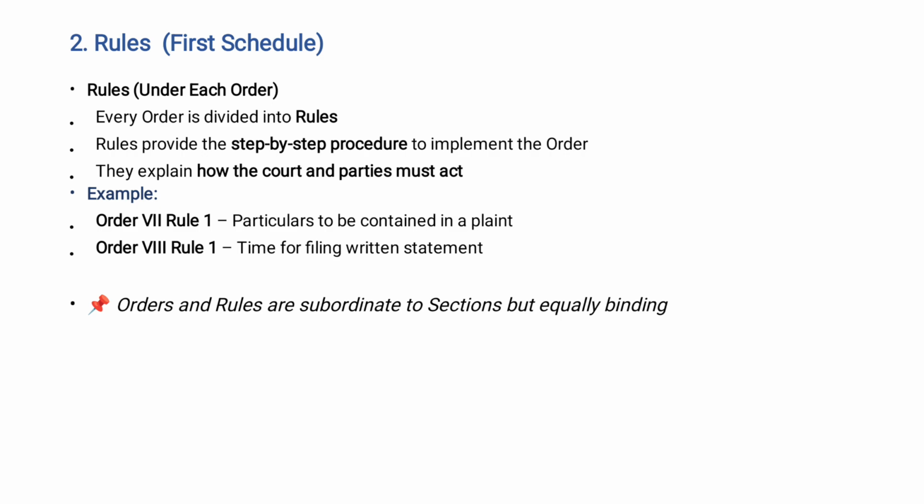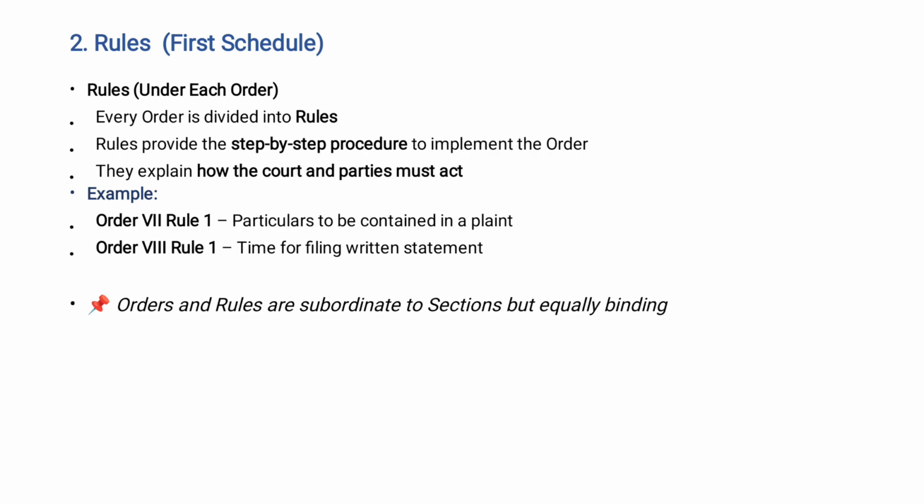He can file a case through a plaint which is present in order 7. But what he should mention, what are the particulars he has to mention in the plaint, that will be provided in rule 1.